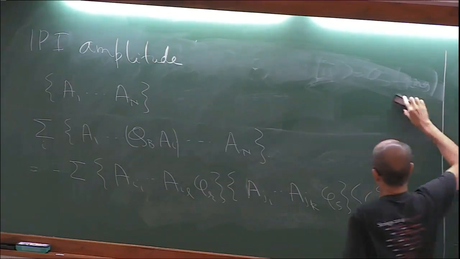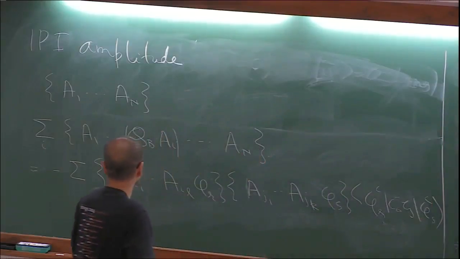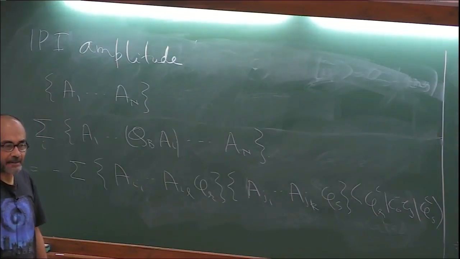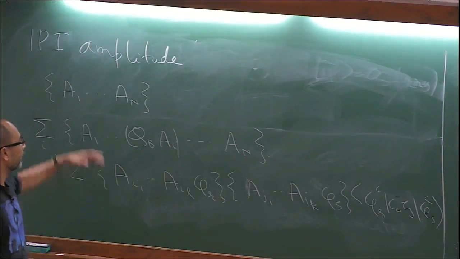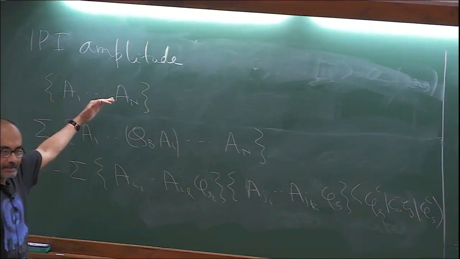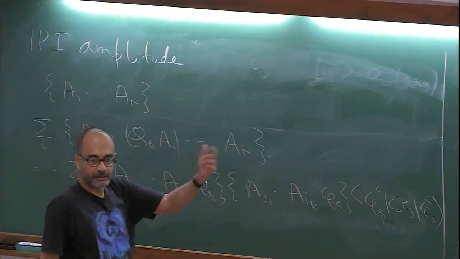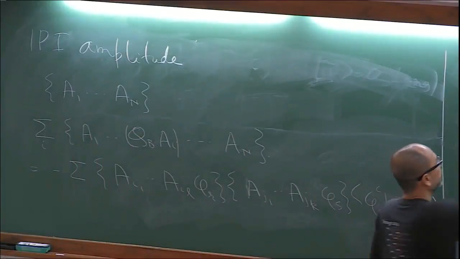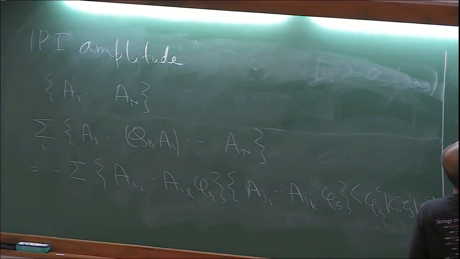Now, I should add that for the 1 pi amplitude, massless tadpoles are irrelevant. Even if there are massless tadpoles, they are well defined, because 1 pi amplitudes don't get affected by the presence of massless tadpoles. The diagrams like this, which I just erased, are not 1 pi.